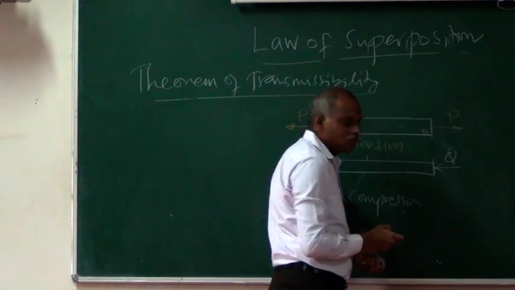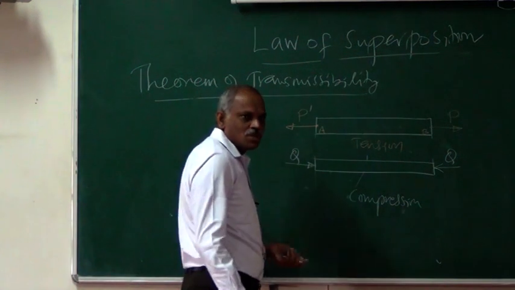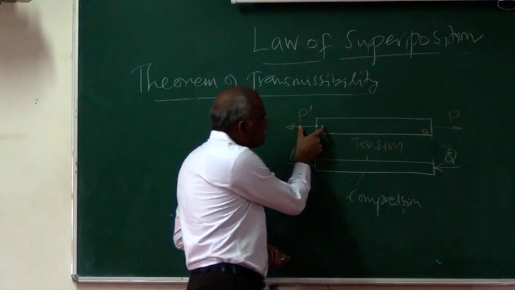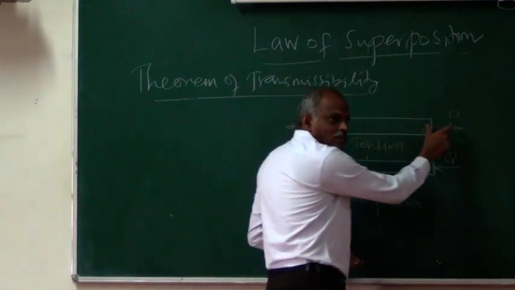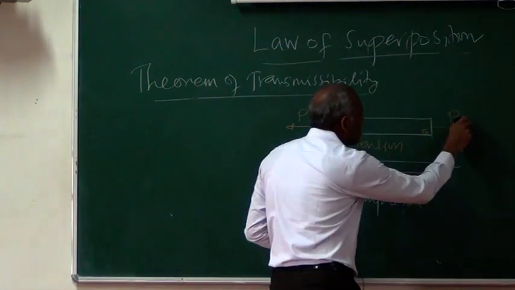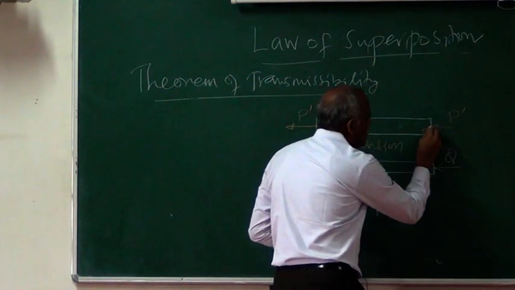What will happen? If I say this is P and one is P dash to distinguish it, I can slide this along and bring it here. This will become P dash, but its direction is like this.